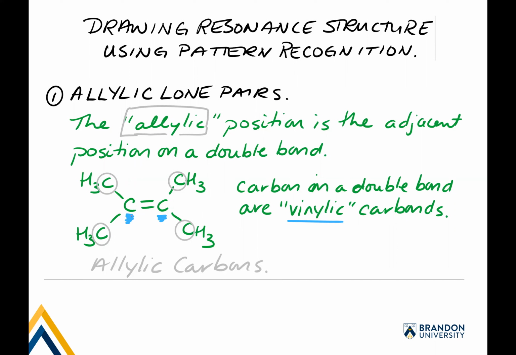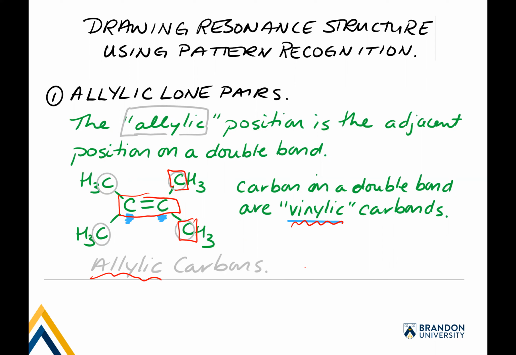So the two carbons which make up the double bond here have got a historical name called vinylic carbons. And the position next door, in this molecule I've drawn carbons here, all of these carbons that are attached to the double bond are allylic carbons.